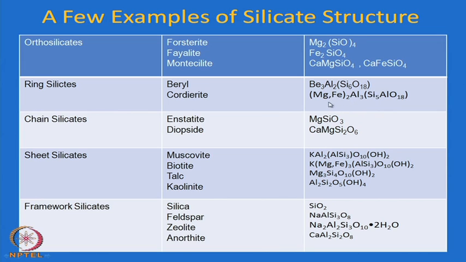In fact, aluminum most of the time has an octahedral coordination, as we have seen earlier, even in the corundum structure, where aluminum has 6-fold coordination. But in many silicates, in association with the silicon and oxygen network, part of the aluminum goes to the tetrahedral site as well, replacing silicon.